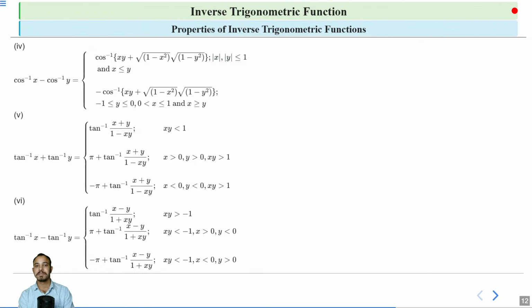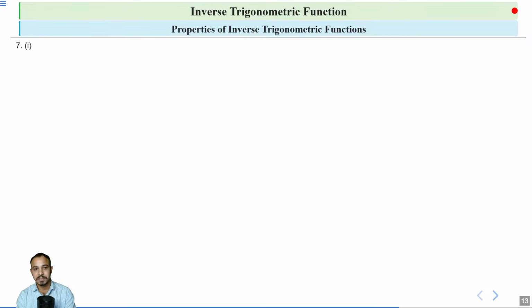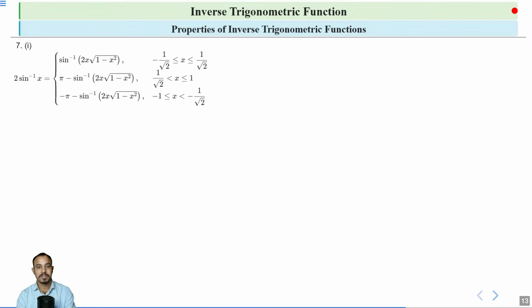then moving to the next. Now see another property, that is 2 sin inverse x. Okay, 2 sin inverse x is equal to what? When you have minus 1 by root 2 less than or equal to x less than or equal to 1 by root 2, then 2 sin inverse x is equal to sin inverse of (2x times square root of 1 minus x square).